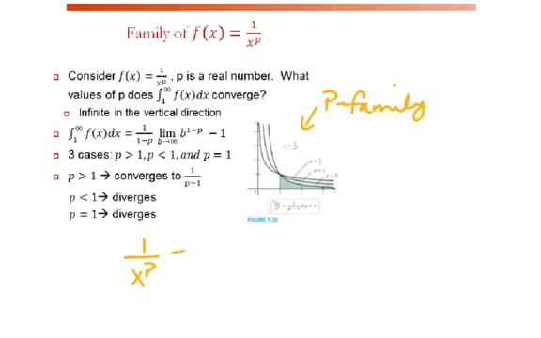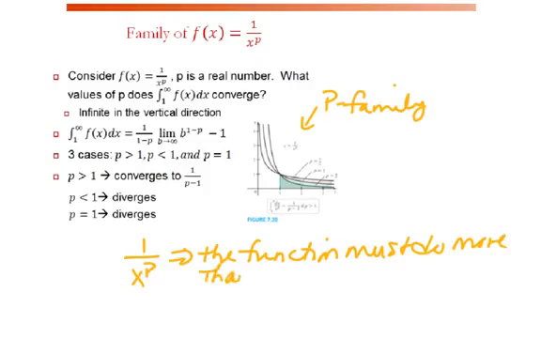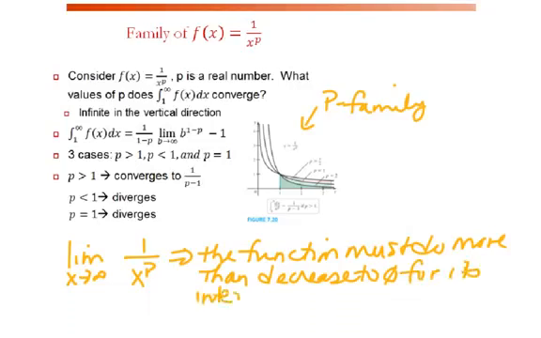So with 1 over x to the p, this shows that the function must do more than decrease to 0 for its integral to converge. And I'll show you this in a minute.